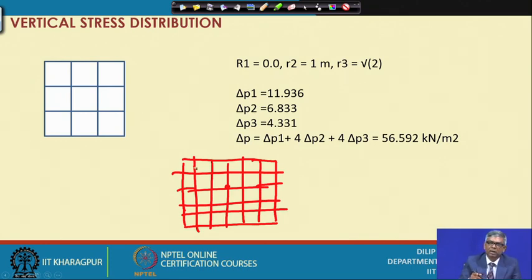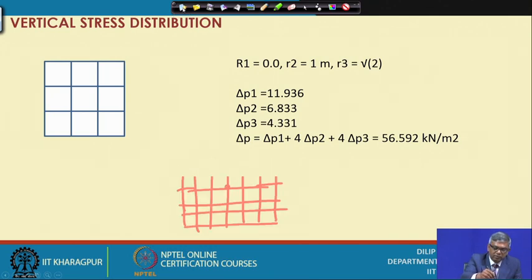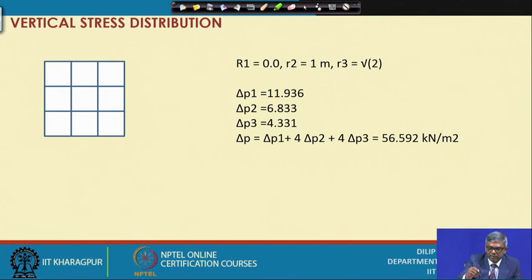But what I could show is that if it is a square foundation, 4 divisions may be good enough, or even 9 divisions is good enough. When more accuracy is required, then we may go for a larger number of divisions.